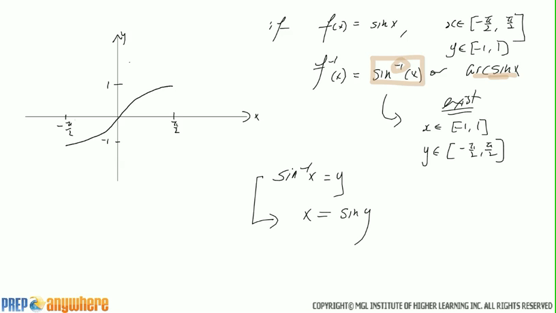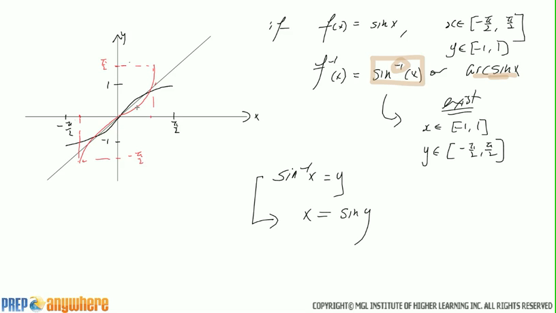Now if you were to draw the inverse function, the pi over 2 will go on the y-axis, and negative pi over 2, and then 1 and -1 will go on the x-axis. It's also a reflection over y equals x, which is a straight line that goes like this. So it starts from here, where they meet, goes like this, and meets there.